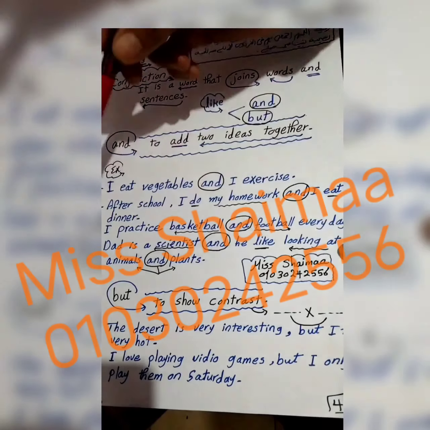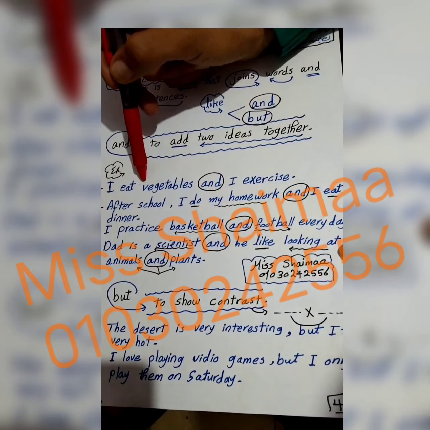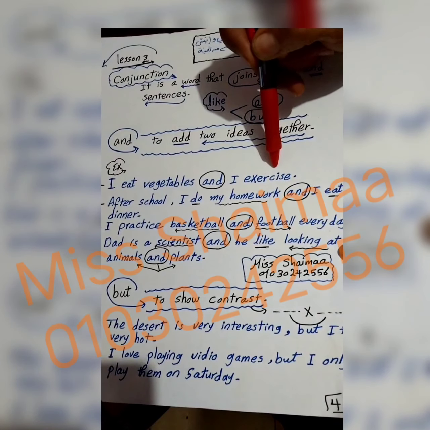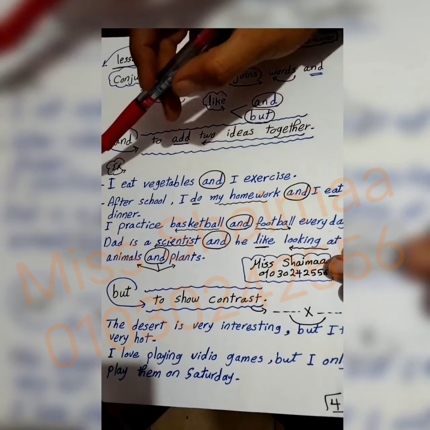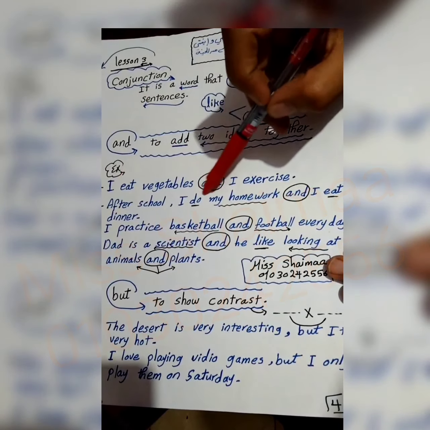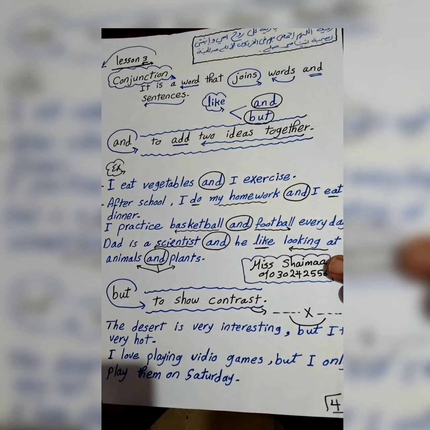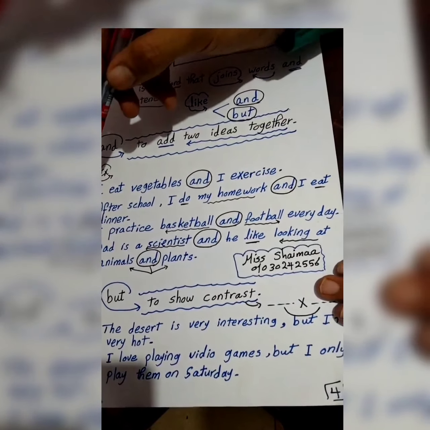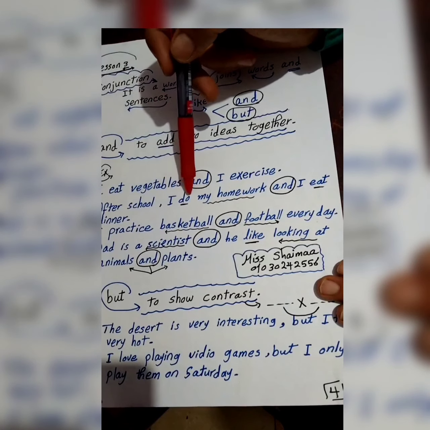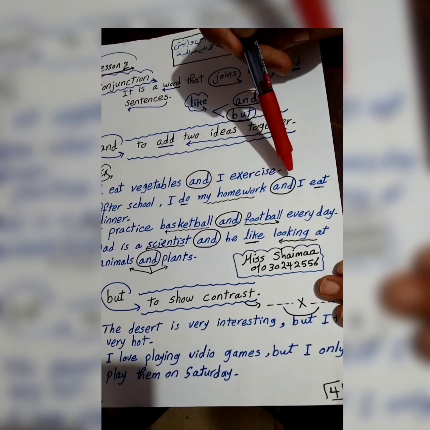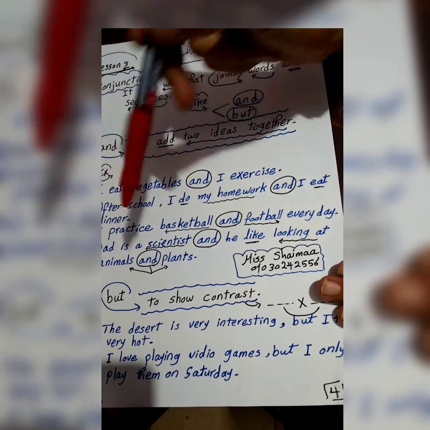Focus with me. I do this action and this action without any contrast. I eat vegetables and I exercise. Another example: after school, I do my homework and I eat dinner.